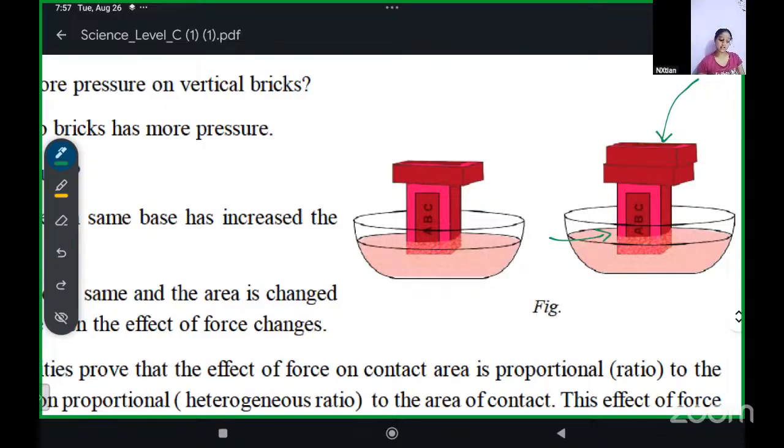In the first case, only one brick was added to the vertical brick, the standing brick, so it was only a little inside the sand. But in the second case, when they added two bricks, it went more inside.